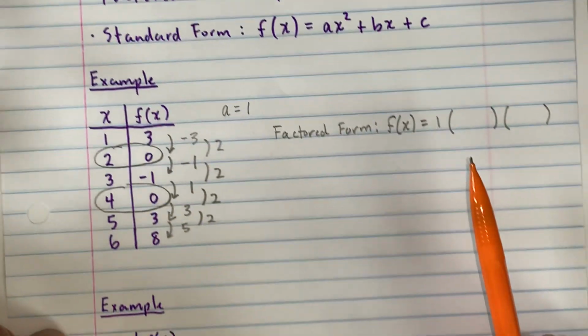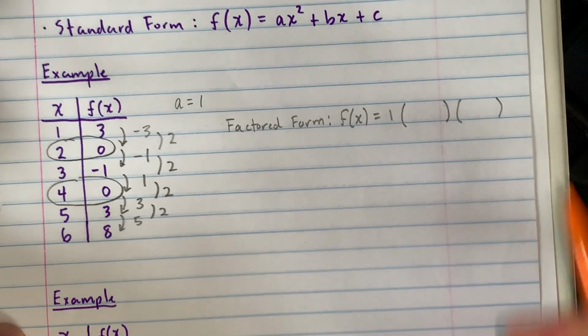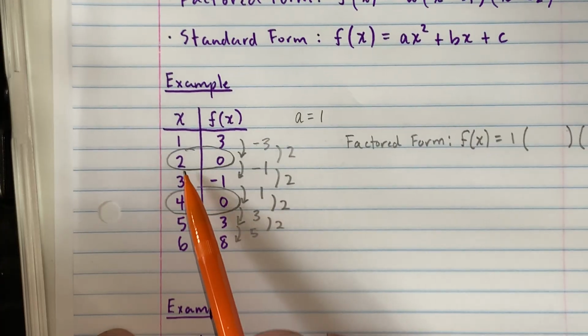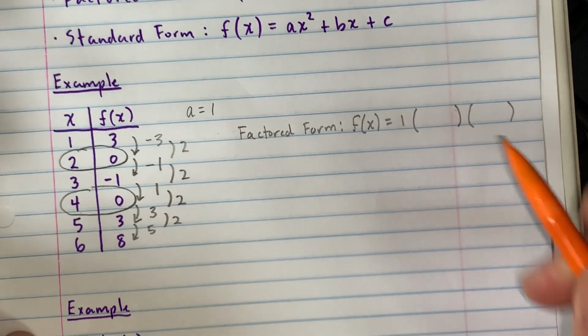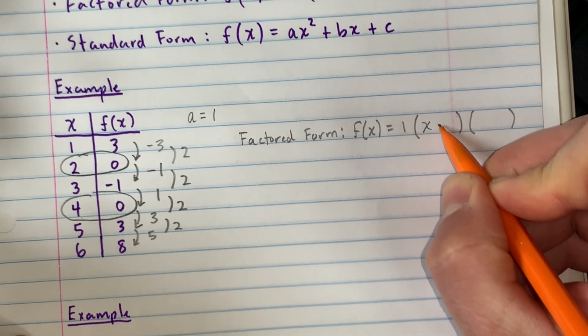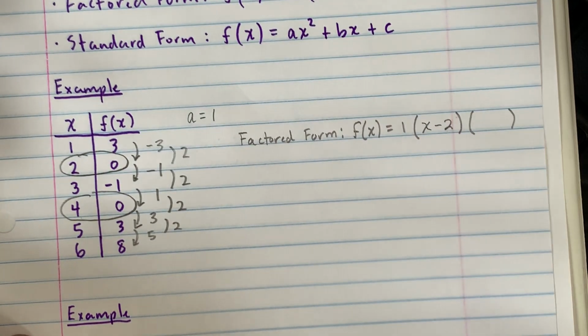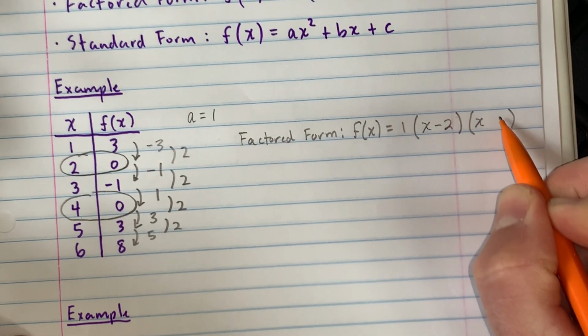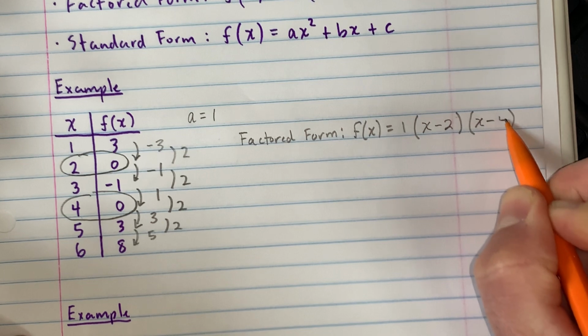And I'll show you another way to think about it too, if that's not working for you. Our first solution here would be 2. So this would be x minus 2. And then our second one would be x minus 4.